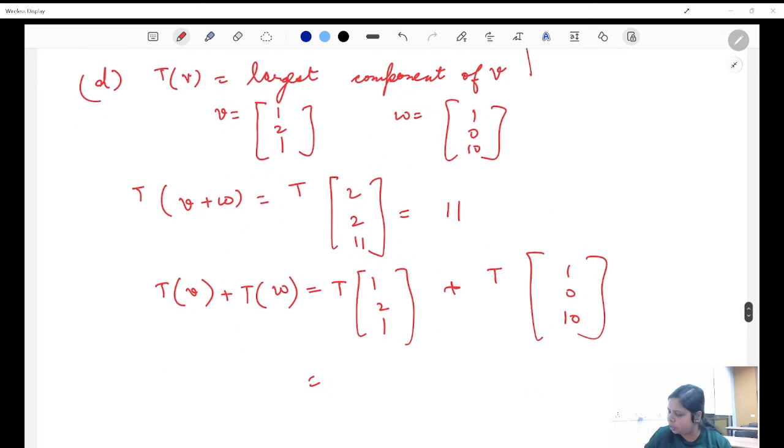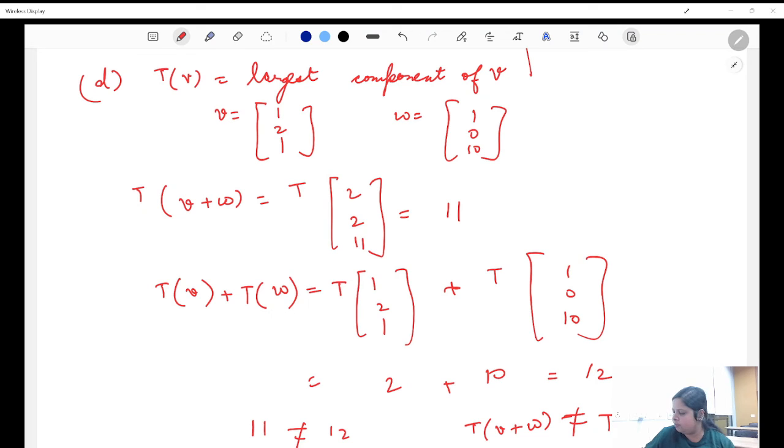What will you get from here? You'll get 2, you'll get 10 from here. It would be 12. So 11 is not equal to 12. T(V plus W) is not equal to TV plus TW.